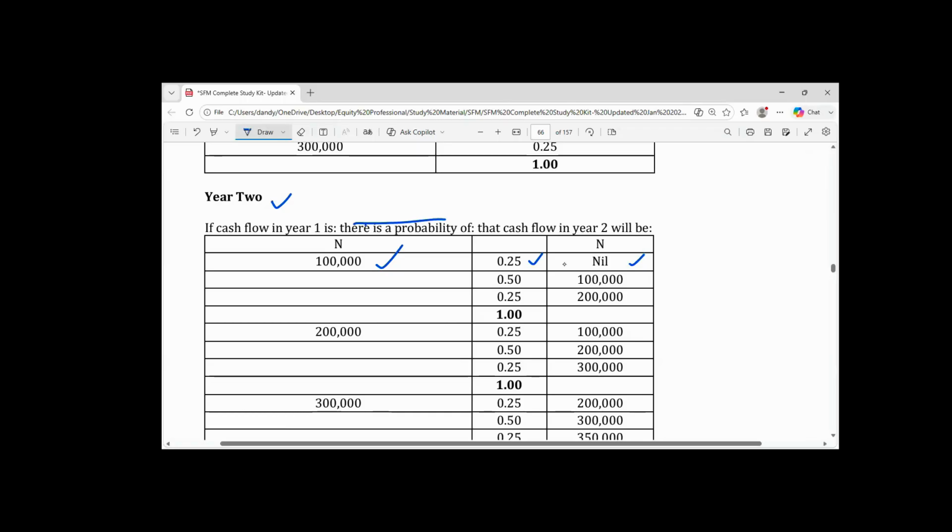You can see that we cannot use expected value method to do this. Therefore, you have to represent this scenario in a tree diagram. You then determine your NPV, then you determine your expected NPV. That's all you need to do. Let's do it together. I will stop sharing this and then move to the working note.